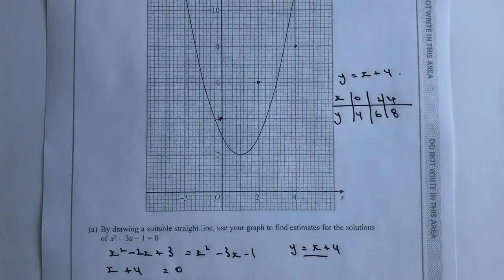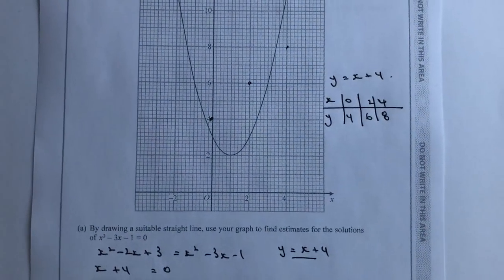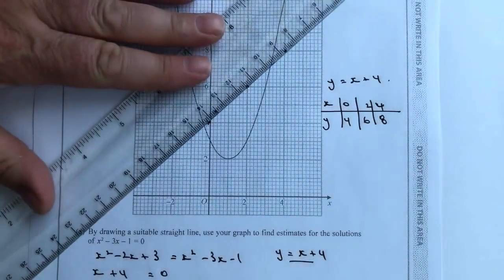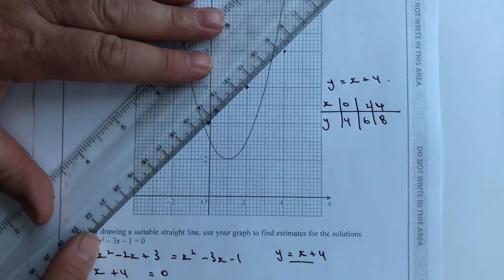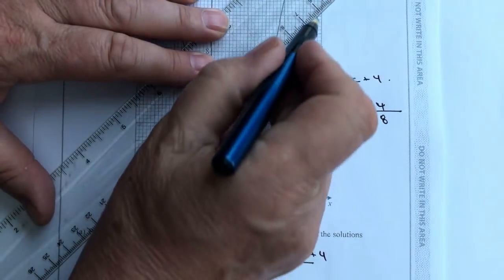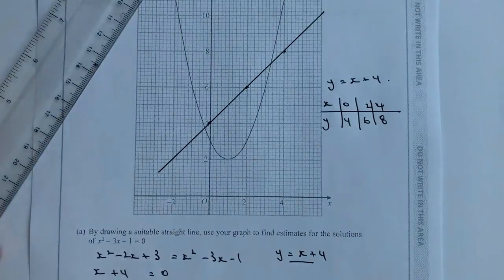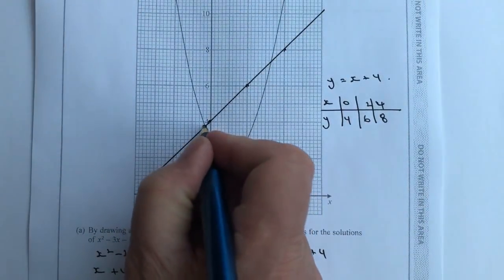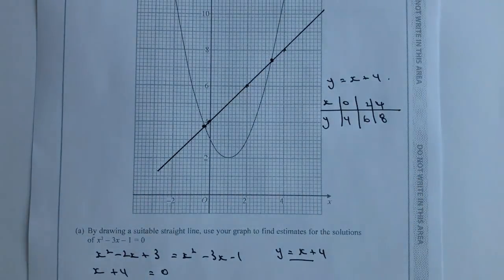Now if I join up that line, I just need to get my ruler. I've got then this particular line that looks like that, okay? And that means I can just read off the solutions of where it crosses.